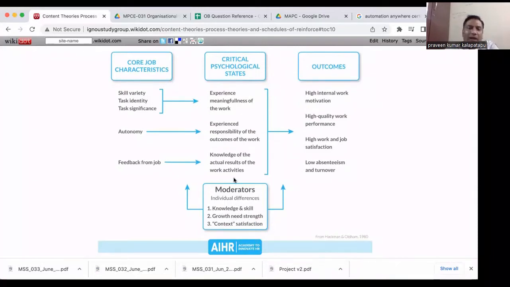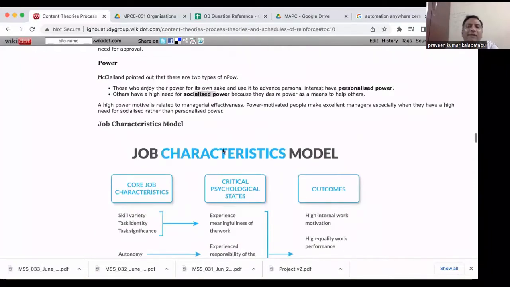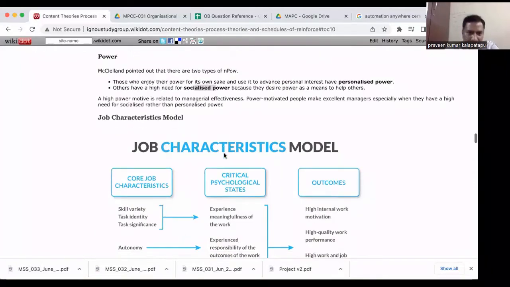Every individual might have a different knowledge, hence the skill variety would depend on his knowledge or skill. So these are the individual differences that every person might have. This will have an effect on how exactly you are going to move towards the outcomes. So this is the job characteristics model.